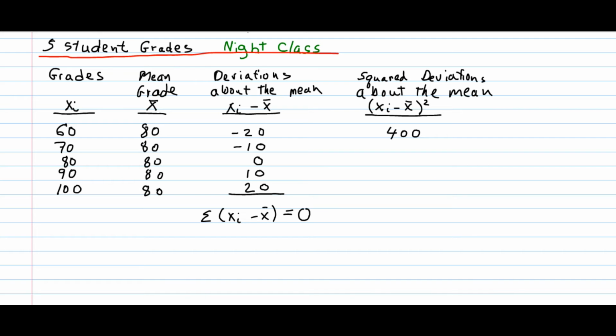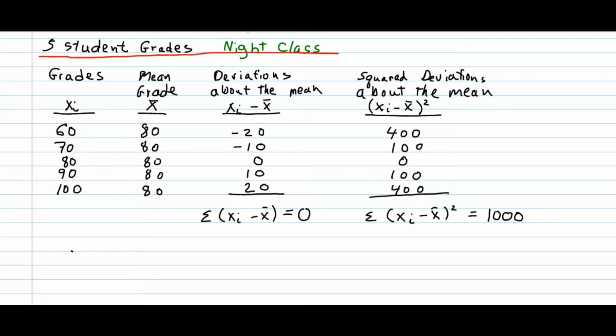Negative 10 squared gives us 100. 0 times 0 is 0. 10 squared and 20 squared. Now if we add up all of these numbers, we get the sum of the x sub i's minus x bar squared. 400 plus 400 is 800, plus 100 and 100 is 1,000. So we get 1,000.